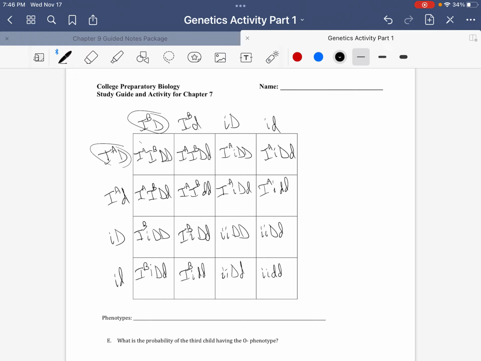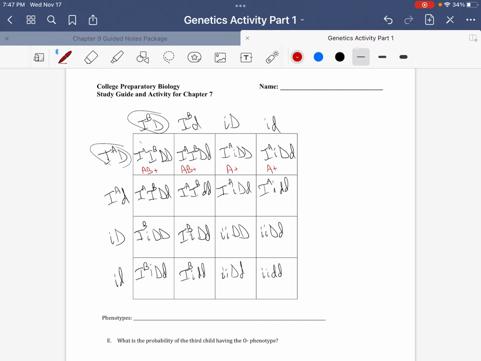Okay, so now we've got to go into each of these squares and write the blood type. I've got the A protein and the B protein here, so that's type AB. I've got a dominant allele present for the rhesus, so I'm going to put a plus sign, so that's AB positive. AB positive. This one I don't have the B protein anymore, so it's just type A. I've got a dominant allele for the rhesus, so A positive.